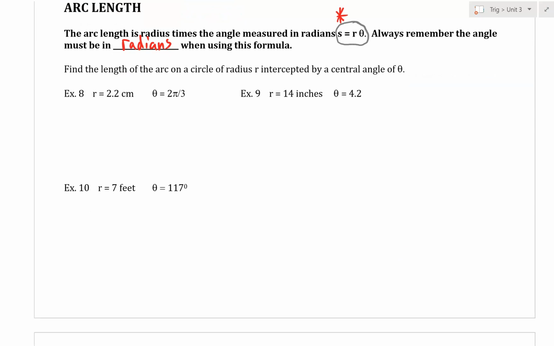So find the length of the arc of a circle of radius r intercepted by a central angle of theta. For number 8, your radius is 2.2 centimeters and your angle measure is 2 pi over 3. According to the equation, we take 2.2 centimeters and multiply it by 2 pi over 3.